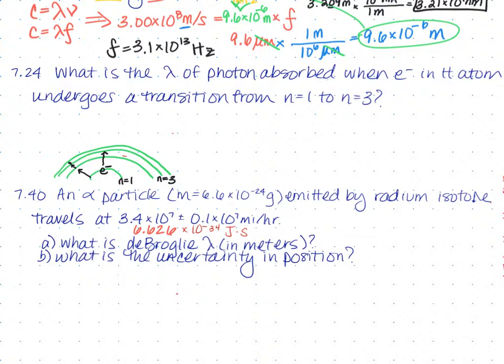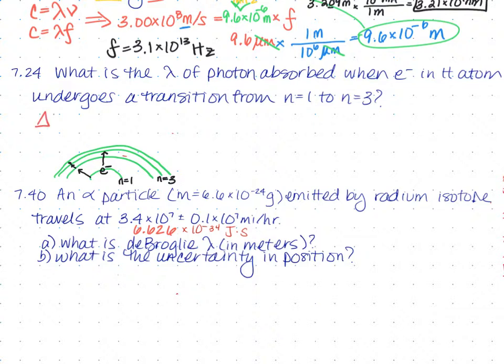Okay, so you can use either the Rydberg equation, or you can apply Bohr's equation for the energy level of an atom, which is on page 297 of your text. We're going to use that one since you haven't seen it yet, but it's very similar to the Rydberg equation. Okay, so I'm going to write this out for you.